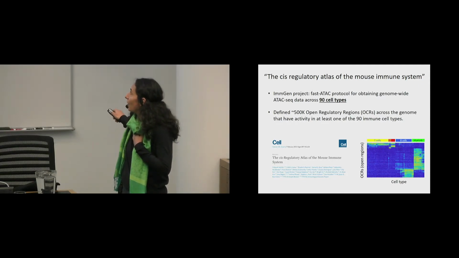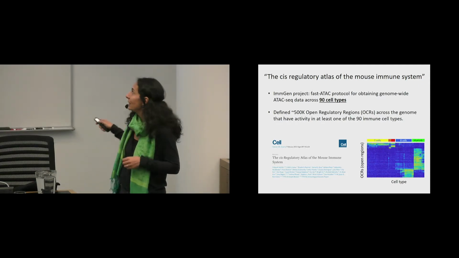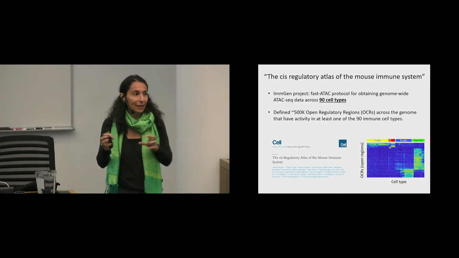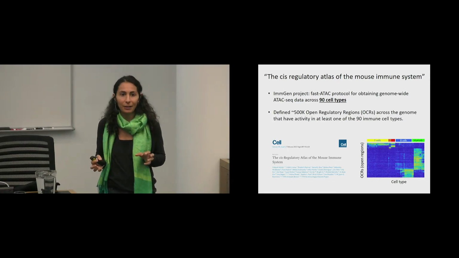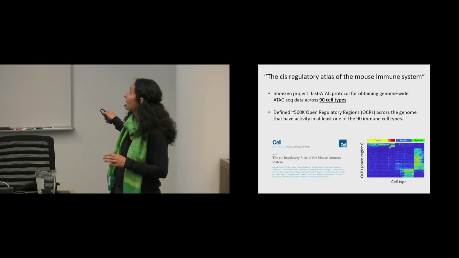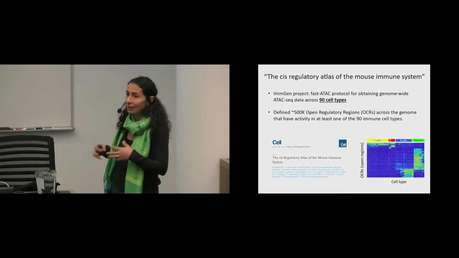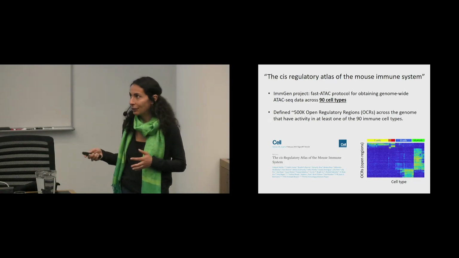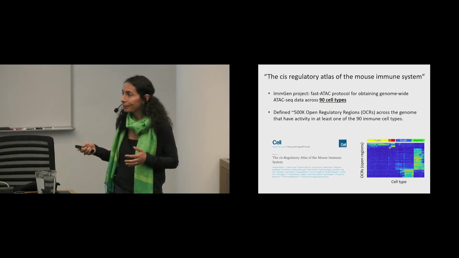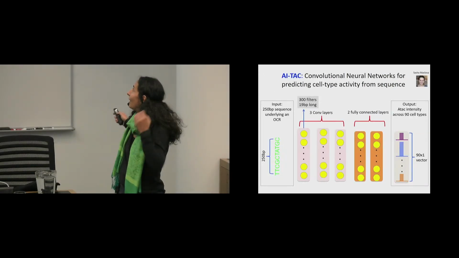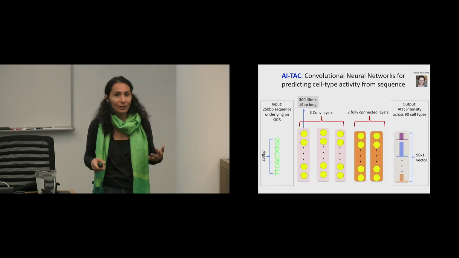If you have the OCRs, or these open regions, on the rows, and the cell type activity profile on the columns, what you'll notice is that the data is structured and very blocky. Some OCRs are only open in types of T cells, some are only open in myeloid cells, and so on. So the structure is not random, it's a very strong structure that makes sense. But what we've realized for the neural network to actually work well is how do you encode the loss function?